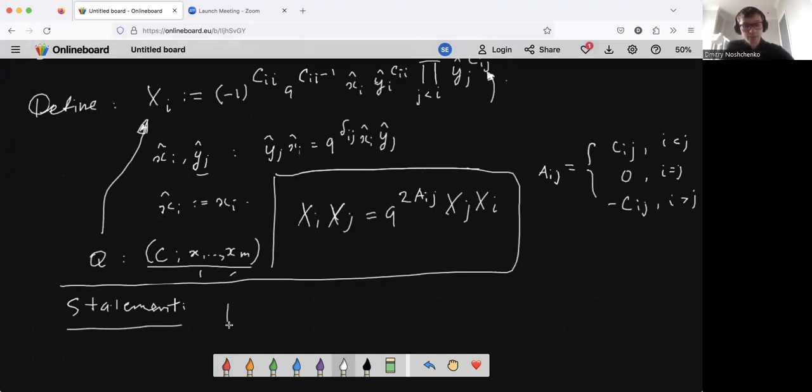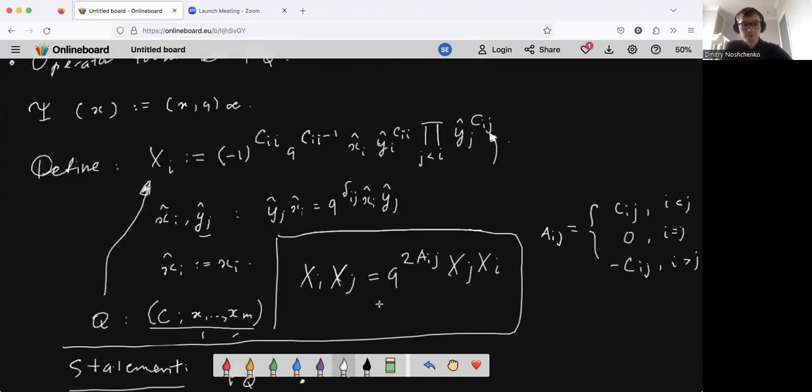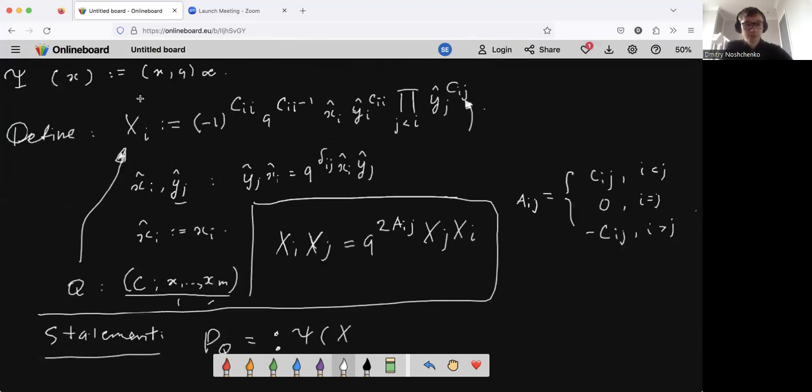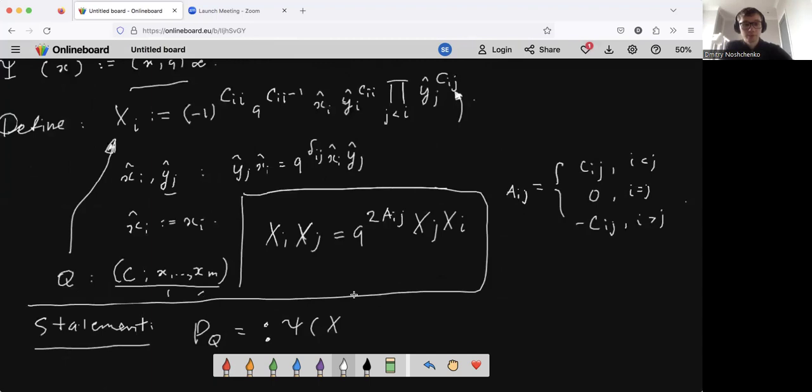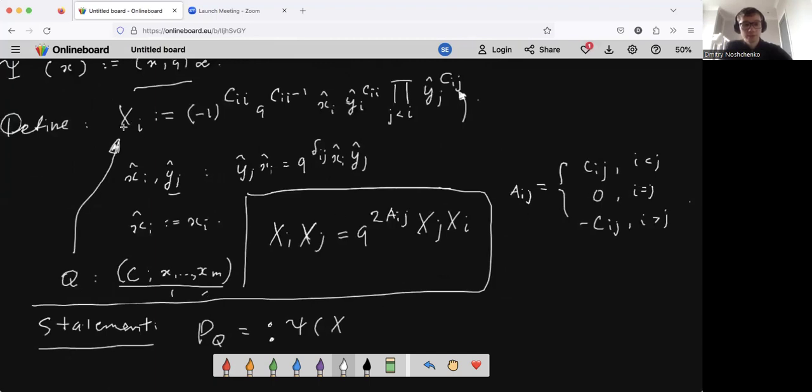The main statement is that the motivic generating series of a quiver can be written in operator form as the normal ordered product of psi operators. These psi's are the same as before, but instead of x we substitute the non-commuting operators defined above.